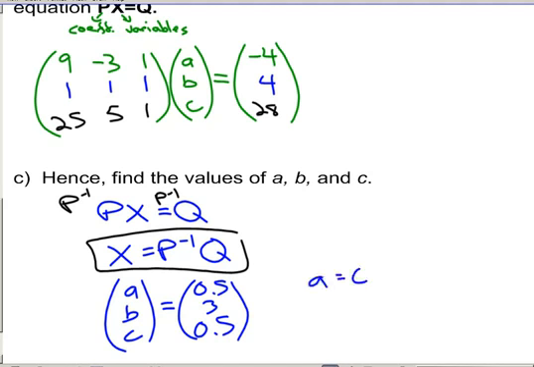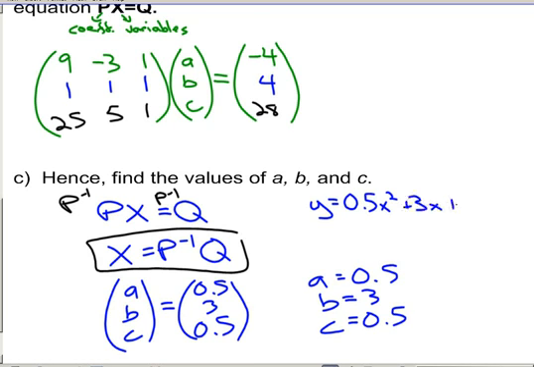So that tells us that a is 0.5, b is 3, and c is 0.5. In other words, a quadratic of this form goes through the 3 points that were initially specified. And you could use your GDC to check that.